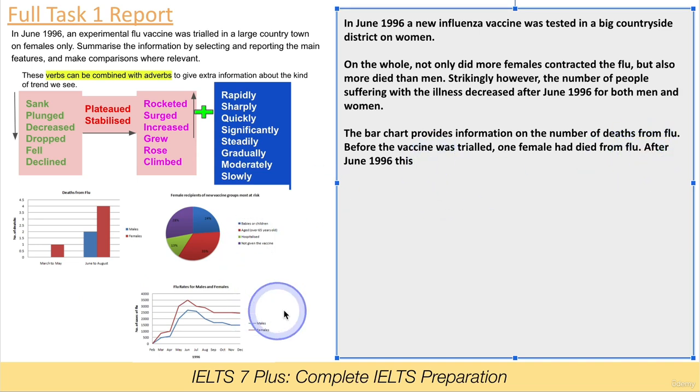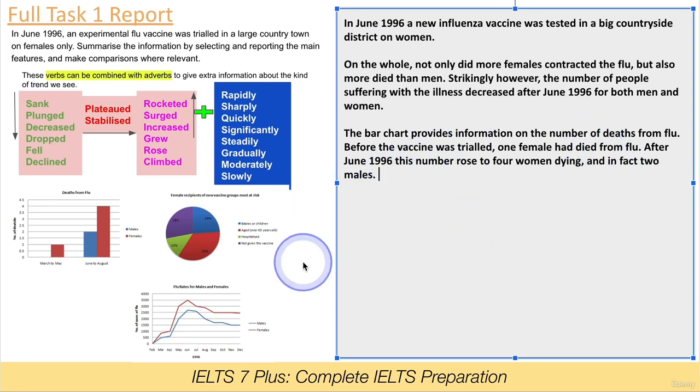After June 1996, this figure, this number, and we can use a word from here, maybe rose to 4 women dying and 2 males. Maybe we can say and in fact 2 males.